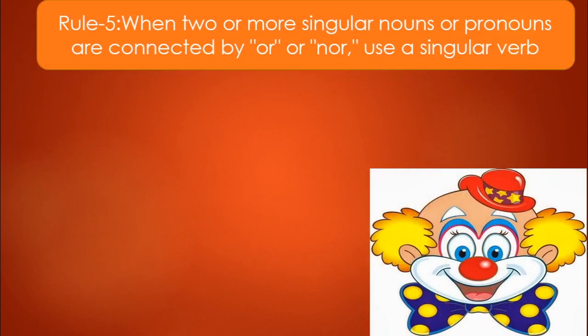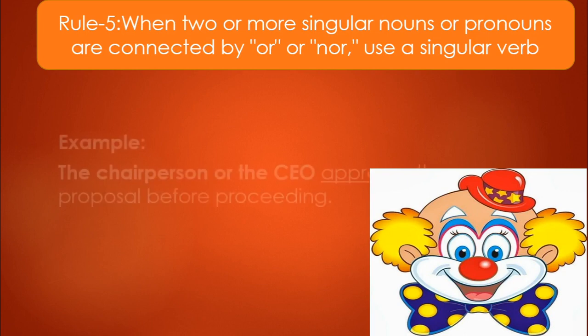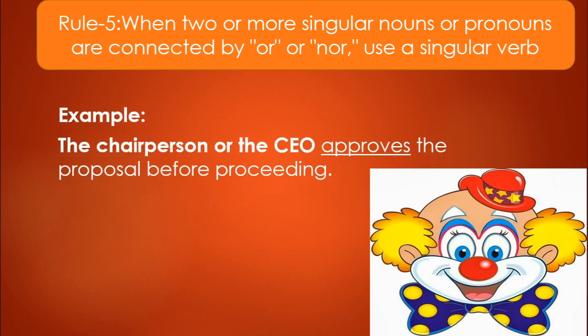Rule number 5 is when two or more singular nouns or pronouns are connected by or, nor, use a singular verb. For example, the chairperson or the CEO approves the proposal before proceeding.